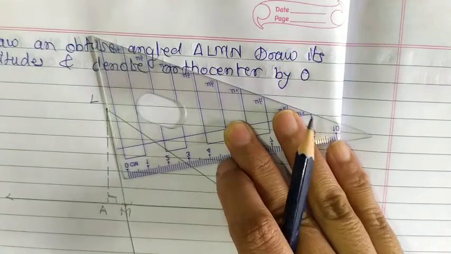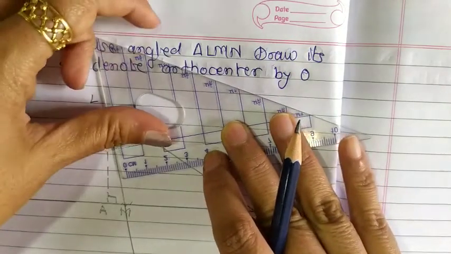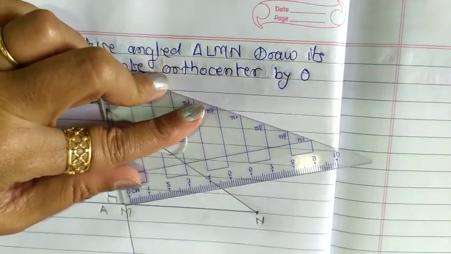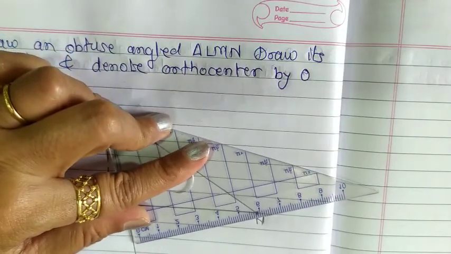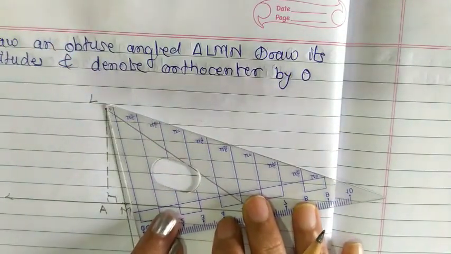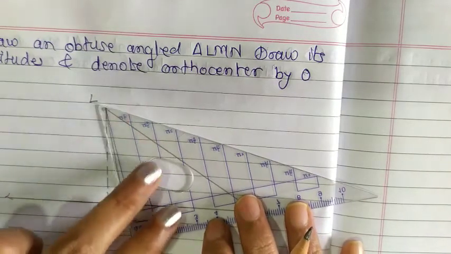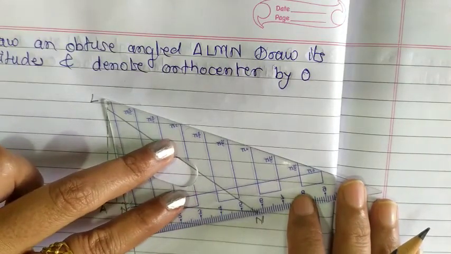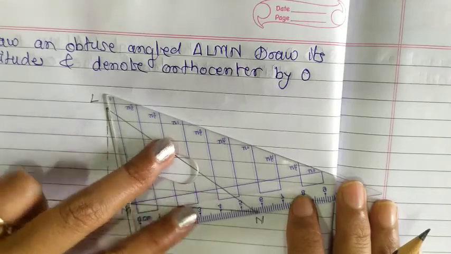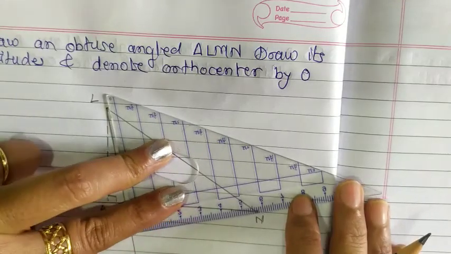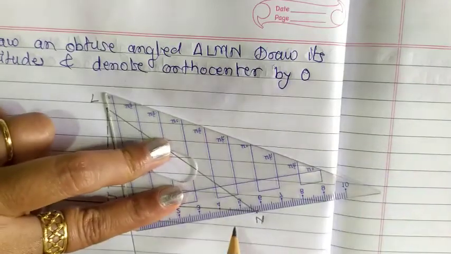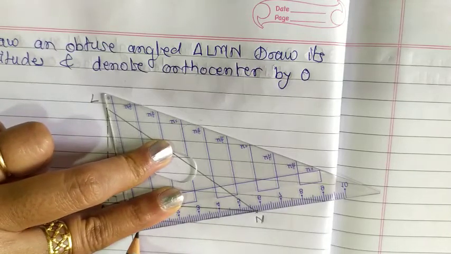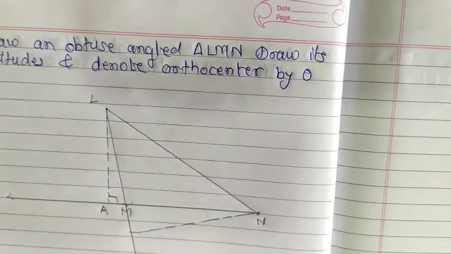Put the set square on the base LM and move toward the point N. So here we get the next altitude from the point N.